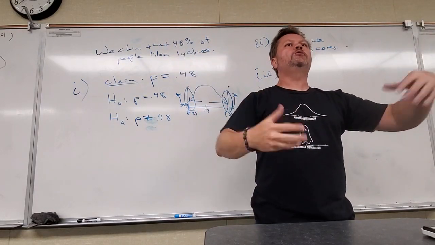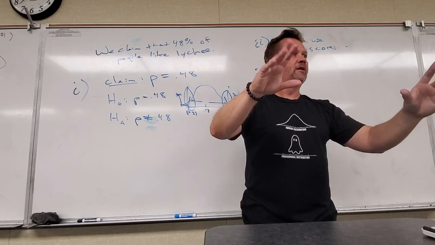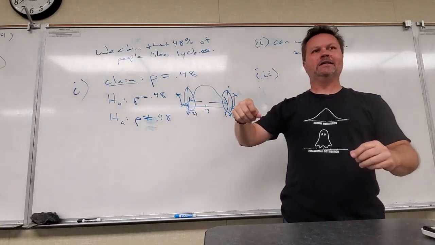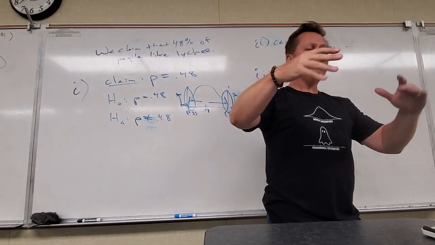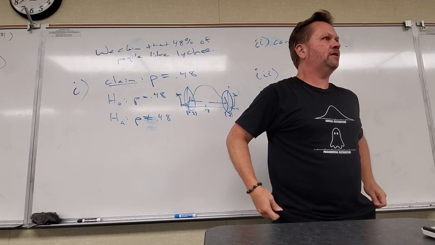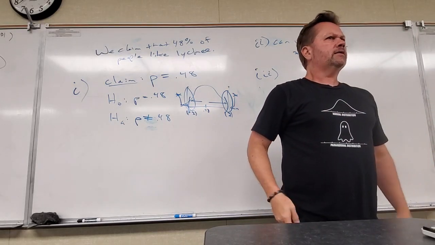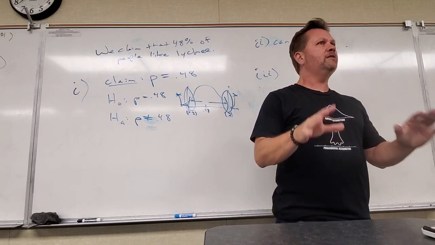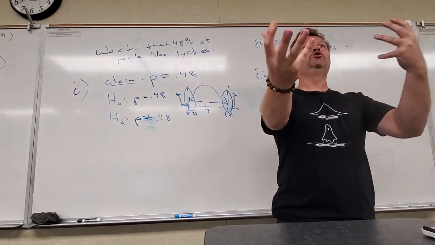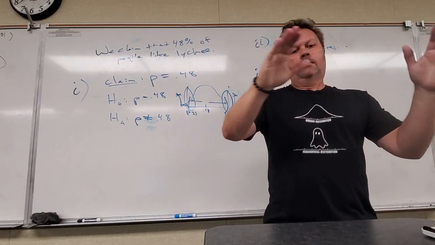If I'm trying to prove to an insurance company that they should lower their rates because I installed some stuff, do you think they're going to have a difficult-to-pass test or an easy-to-pass test? Difficult, yeah. They're going to be way up at 2.575, maybe 99%, right? They're going to be like, we aren't going to lower your insurance until you show me a lot. Are you guys kind of with me a little bit? Okay, so it depends on what the situation is, that then unusual could have different definitions. I think that's enough.